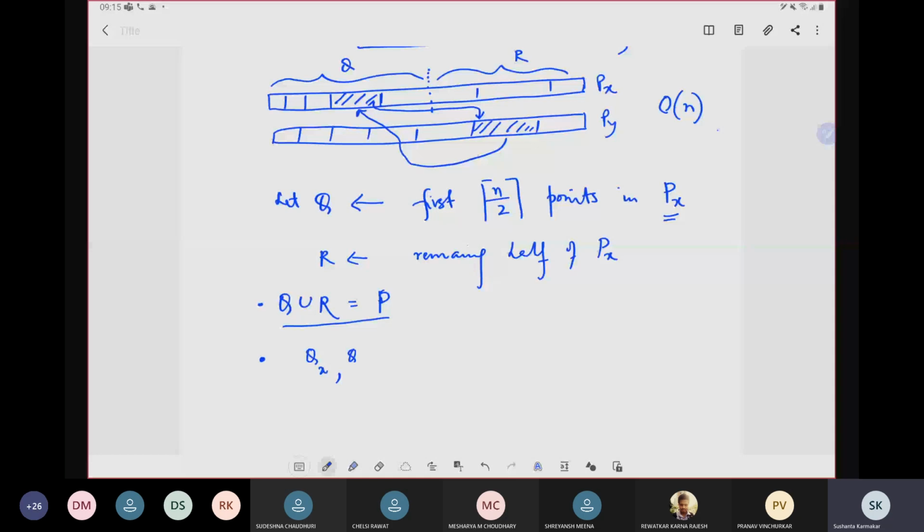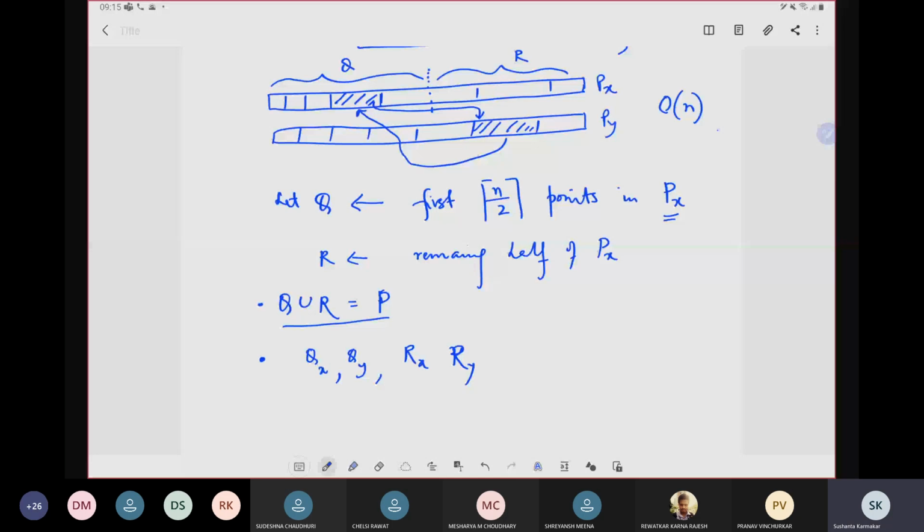Qx is the same set Q, but sorted according to X coordinate. Qy is the same set Q sorted according to Y coordinate. Similarly, Rx and Ry. Remember here, what is my Q? Q is the first n by 2 points in Px. And Px is already sorted in X.